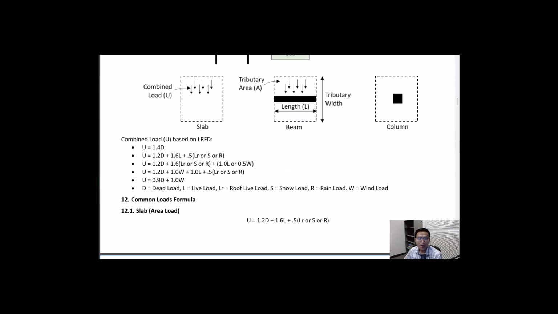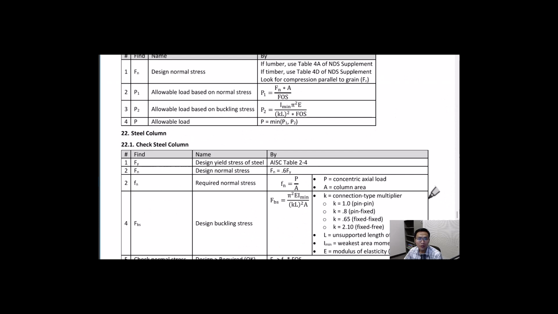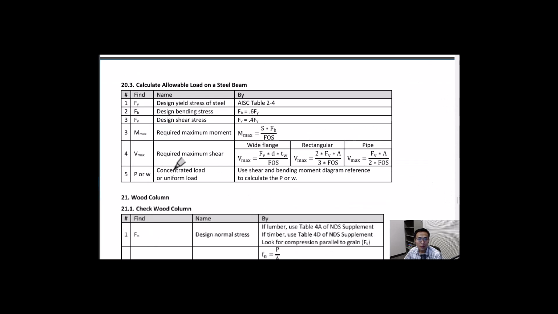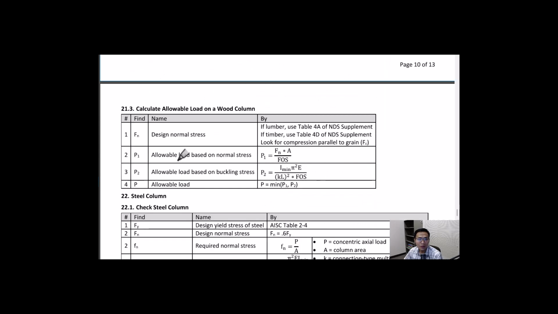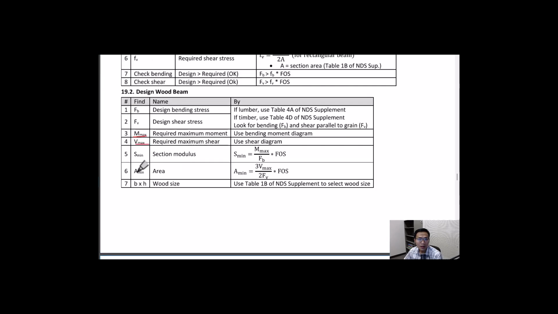Next step is to calculate the S min, or the minimum required S. S min equals M max divided by the allowable FB, multiplied by the FOS.